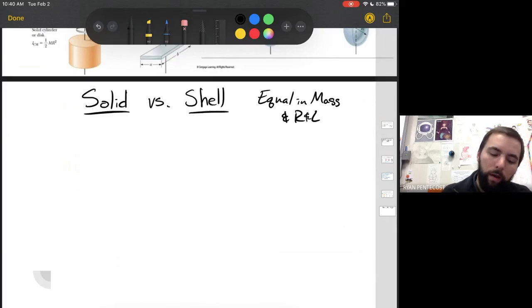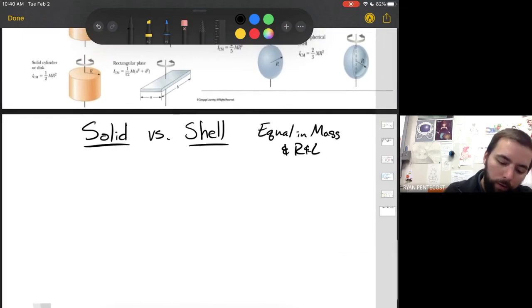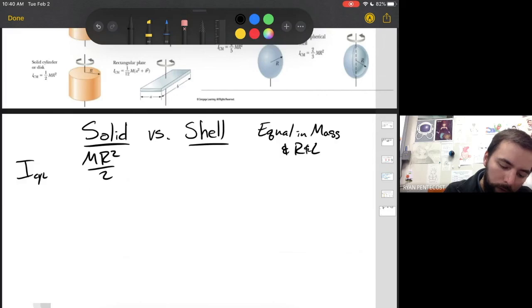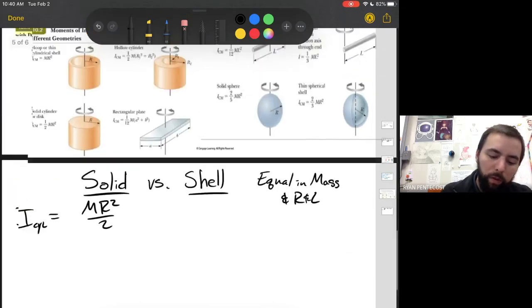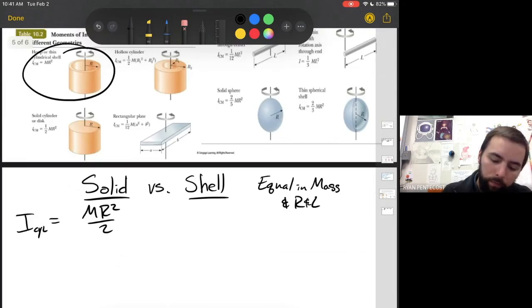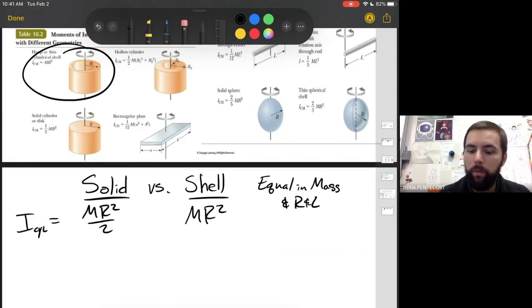So, for example, we have a solid cylinder, mr squared over 2. Okay, this is for a cylinder. The solid is mr squared over 2. But if you look up, the shell is mr squared, which is double the solid.